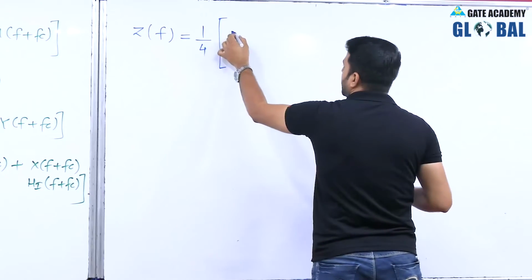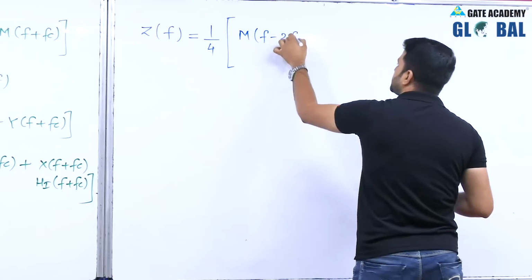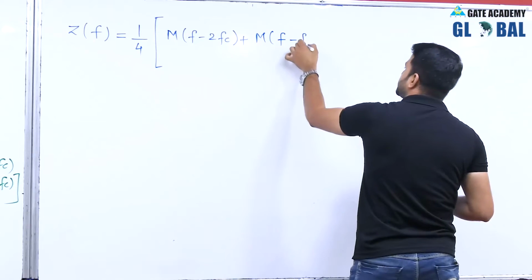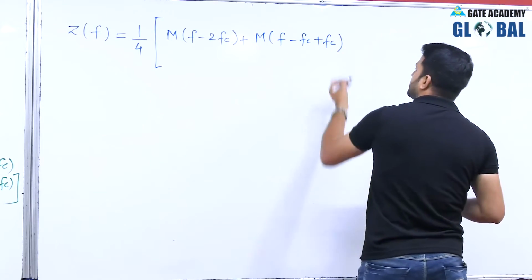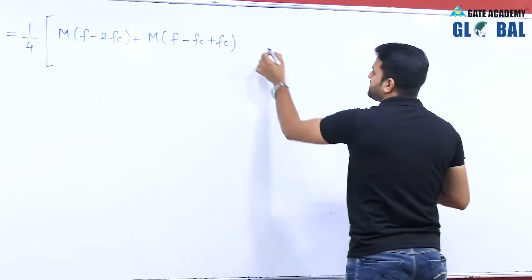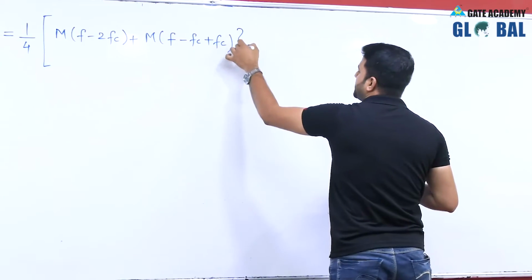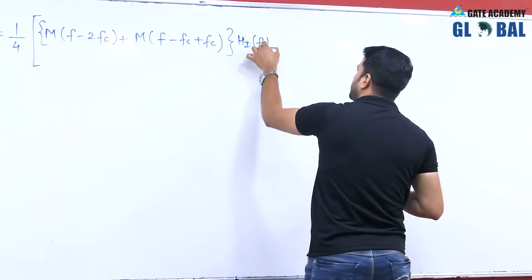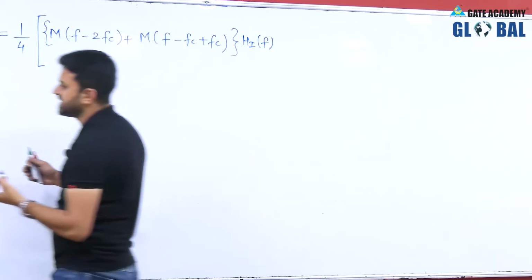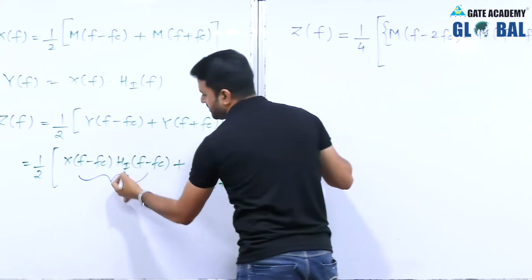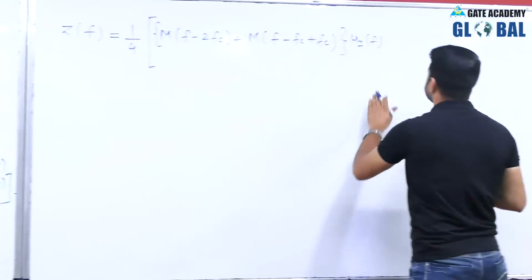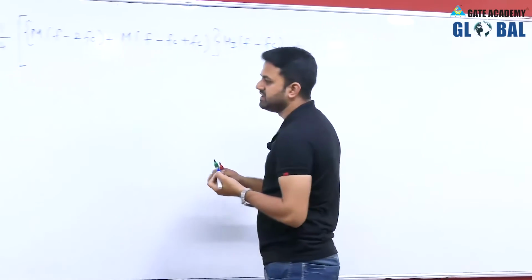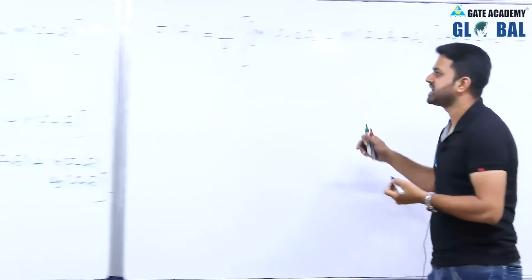So this is M(f − 2fc) plus M(f − fc + fc), and this whole term is multiplied with H_i(f − fc). We are talking about this term, so H_i(f − fc), plus X(f + fc) we can get.